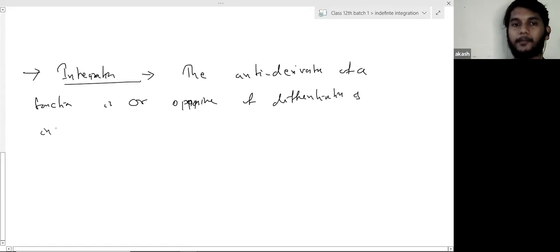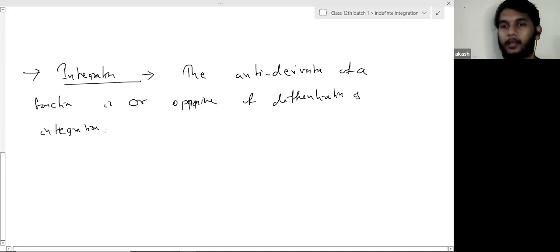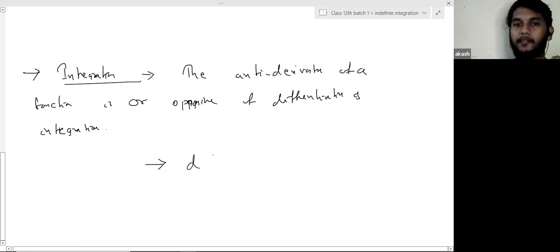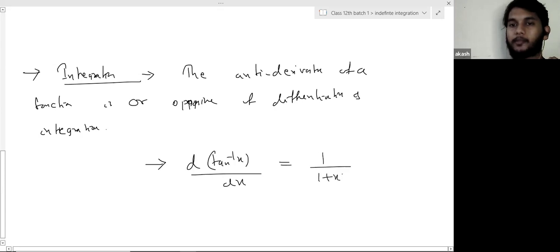What does this mean? In the previous example, I differentiated tan inverse x with respect to x and we got 1 upon 1 plus x square. So what is integration? What function do you have to differentiate to get this as the result?